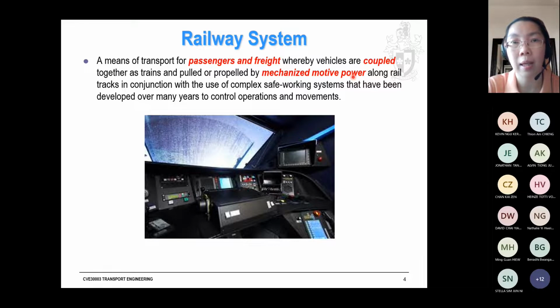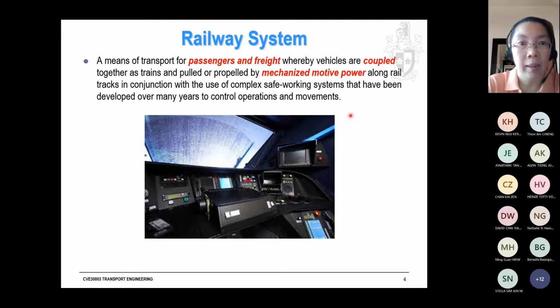These all run along a rail track, and usually you would have many control systems to move it forward. Later on we'll see the different types of rail, and each type has a different system and different usage.